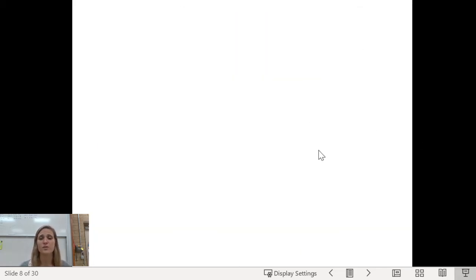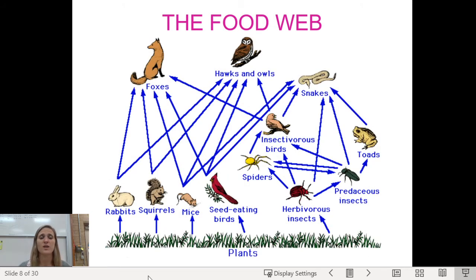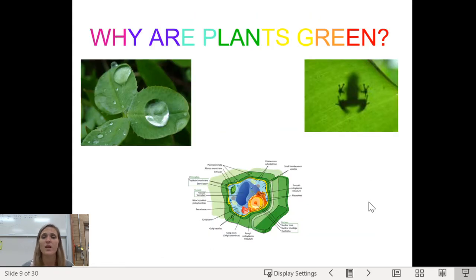And this gives you a little bit better picture of the food web, the foundation of the food web being those plants at the bottom. And then you can see those herbivores that eat those plants, and then the prey animals that eat those herbivores. And us being at the top of the food chain, we really need these plants to be working well.